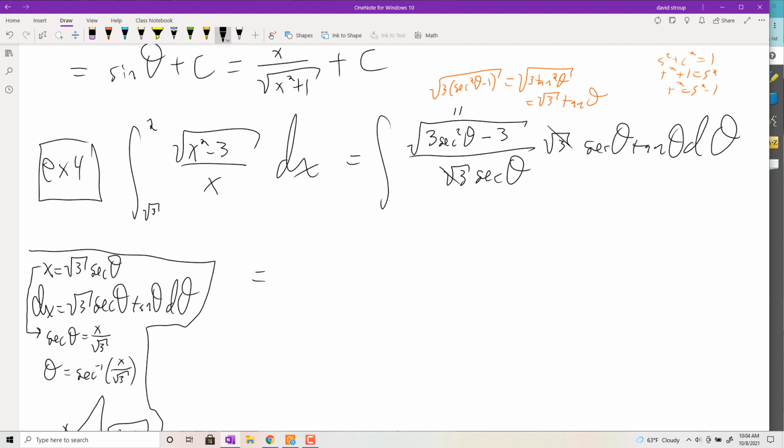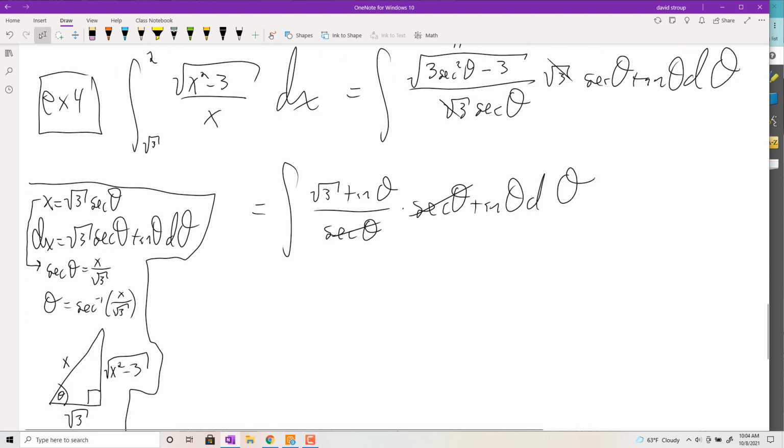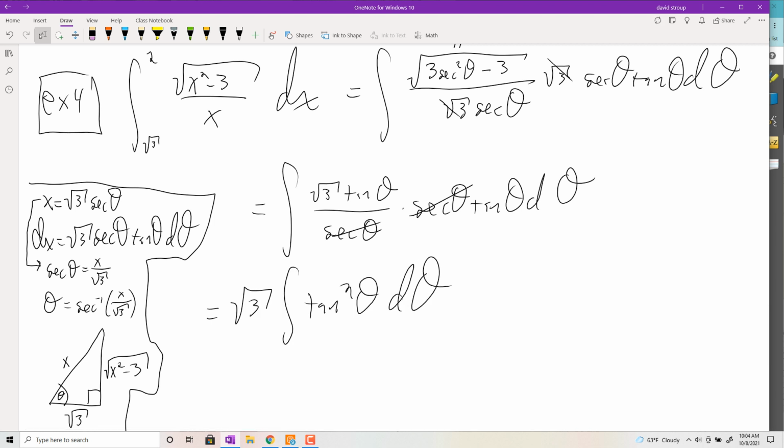Okay, so I'm going to end up with the integral of root 3 tan theta all over secant theta times secant theta tan theta d theta. Secants cancel, factor out the root 3, so you get root 3 integral of tan squared theta d theta.